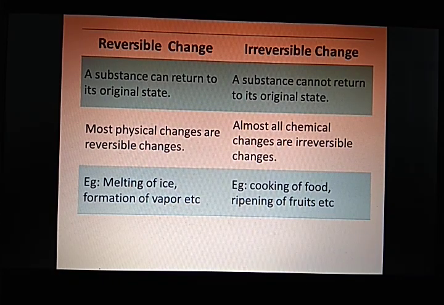Another point is with a reversible change, that is original state. This word original state means in terms of chemical composition, in terms of chemical property and in terms of physical property, there will be no difference from the starting to the end process.